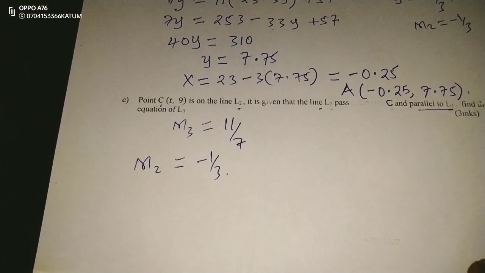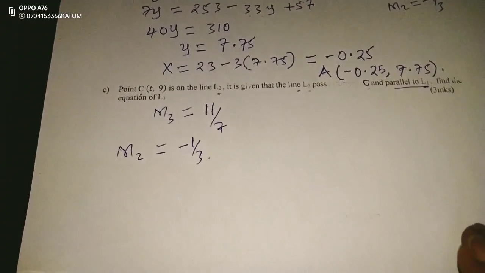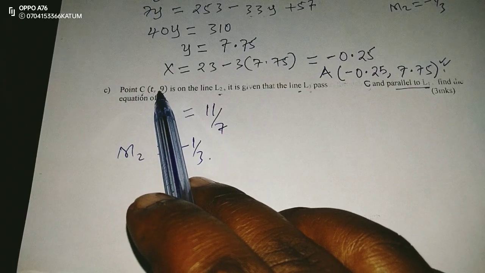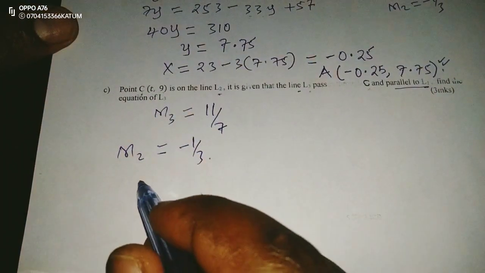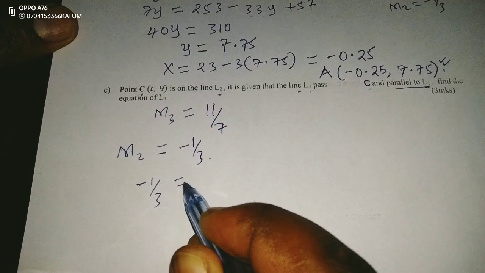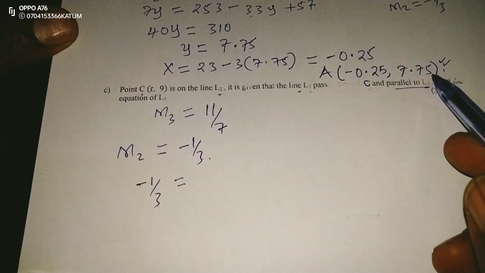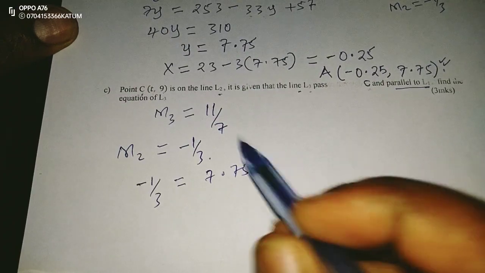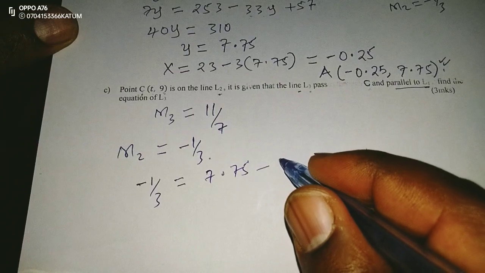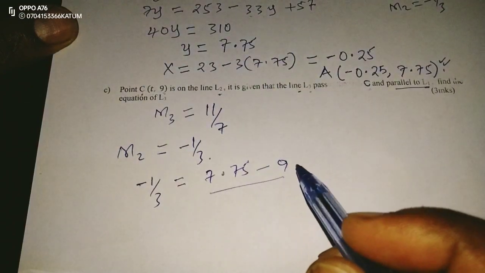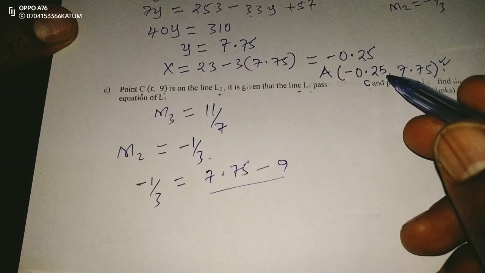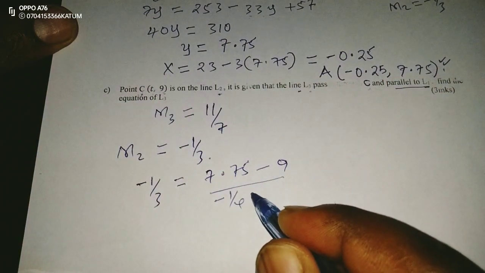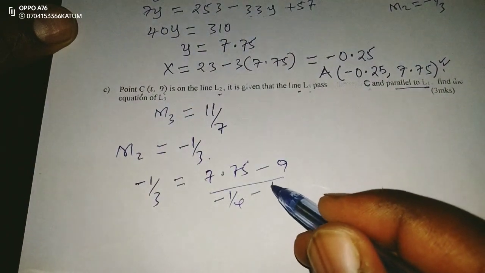Now that the gradient is negative 1/3, and line 2 passes through point A and also through point C, we can calculate the gradient using point A. The change in y is 7.75 minus the y in the other coordinate, 9, divided by the change in x, negative 1/4 minus t.